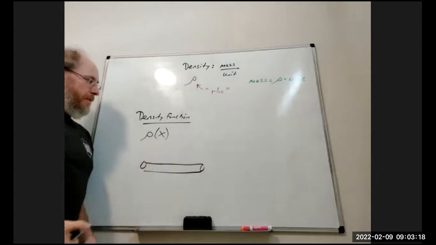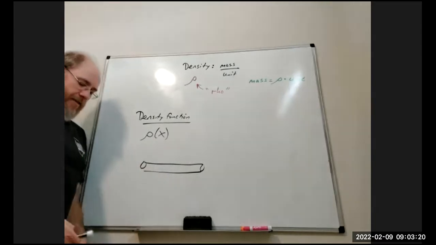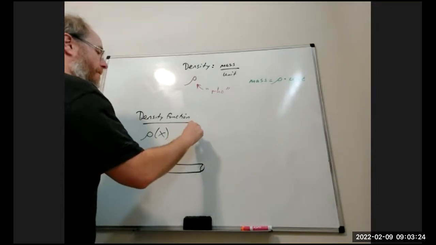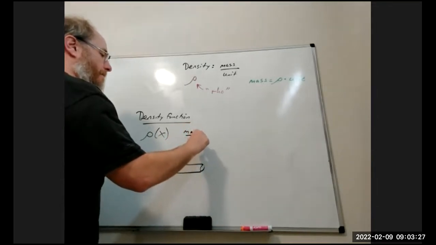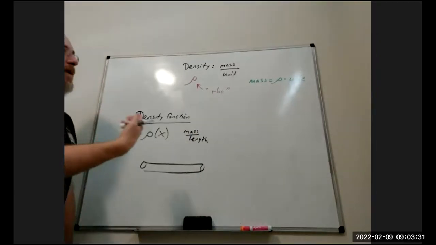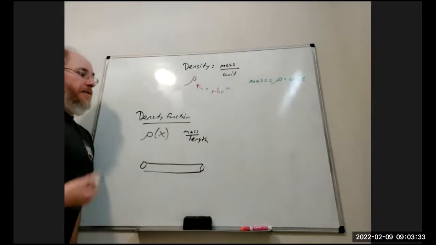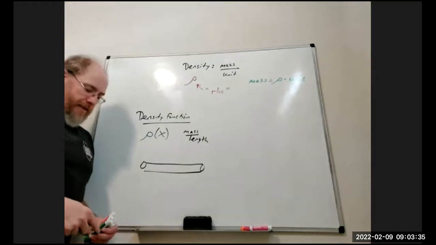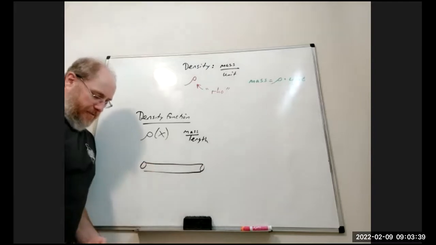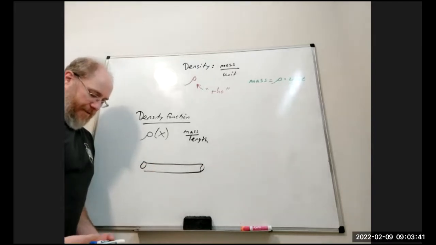And so suppose that this density function is just a linear density. So this is going to be mass per length. So that's what we're looking at right now. If I want to actually get the mass, I would multiply this density times its length. So suppose we've got this one-dimensional piece of string or cable or hair or whatever it happens to be.